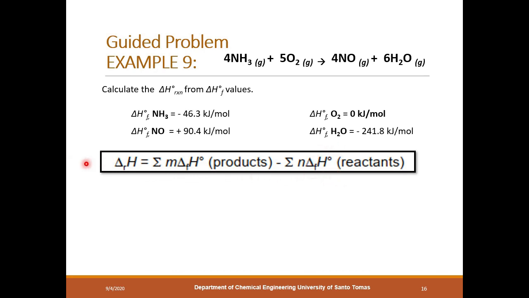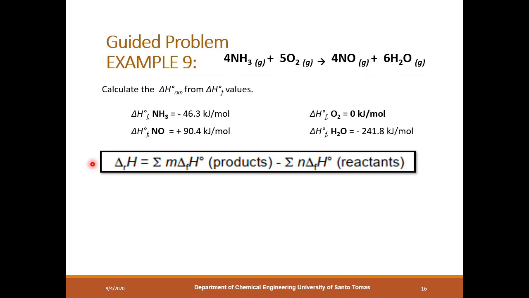In utilizing this formula, we have to consider the amounts of each of our products and each of our reactants, that is, the number of moles that these substances have in our balanced equation.